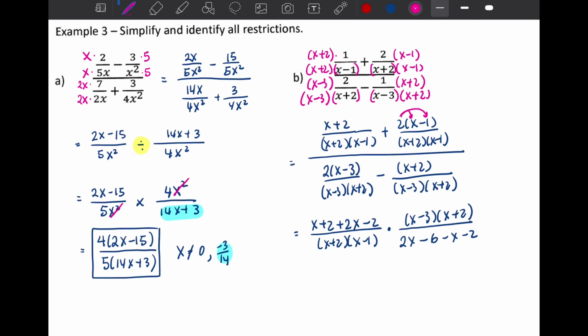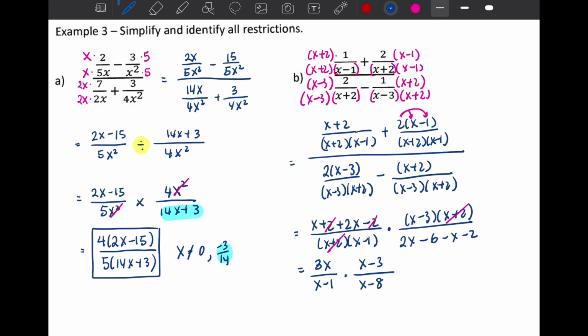So let's reduce what we can. I can cancel the 2 here, and I could remove these two for now. All right, so we have 3x over (x minus 1) times (x minus 3) all over (x minus 8).